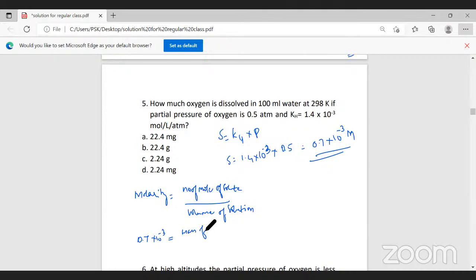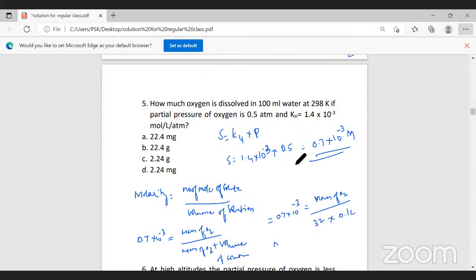molecular weight times the volume of the solution. That will be equal to 0.7 into 10 to the power minus 3, equal to mass of oxygen, because we need to find how much oxygen is dissolved, divided by 32 grams. Molecular weight of oxygen is 32. Into the volume of the solution, which is 100 ml, therefore 0.1 liter.